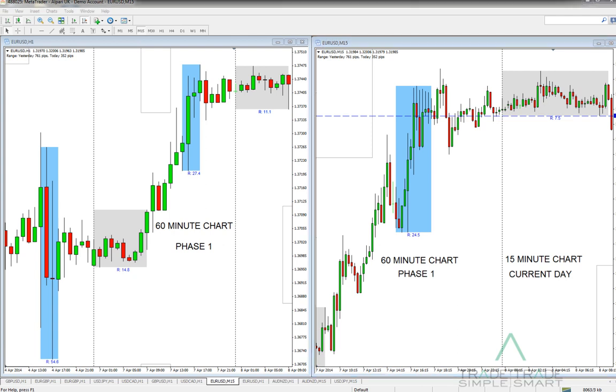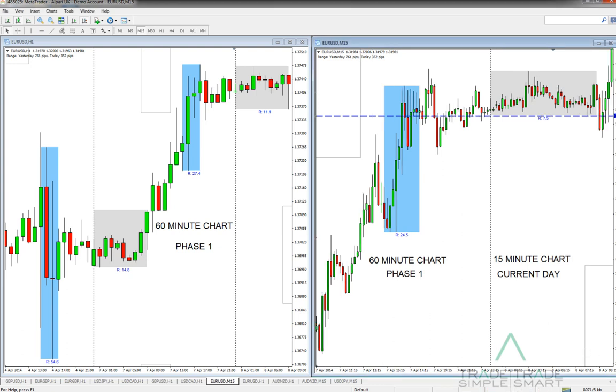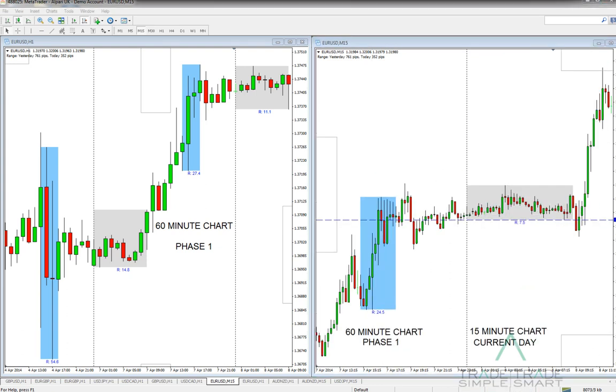Because we know if we have a second level or second rise to the upside, then smart money are going to induce traders to sell so they can buy into this selling pressure and unfold the second part of the weekly cycle.